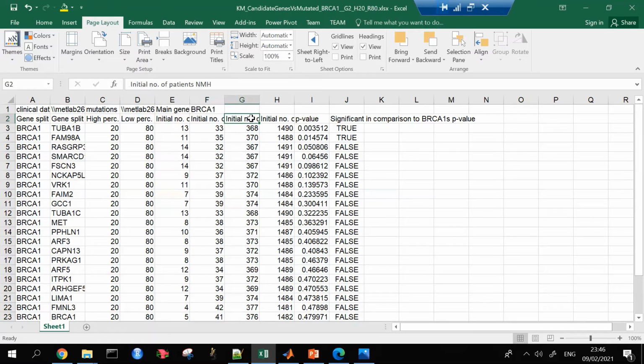Initial number of not mutated and high expression, not mutated and low expression. And again, we take the p-value according to the log rank test for multiple groups.